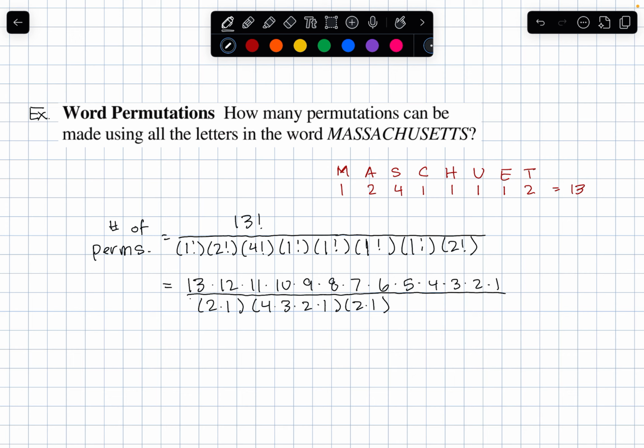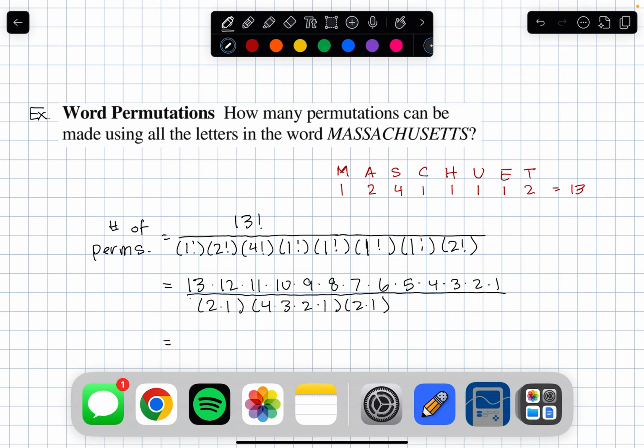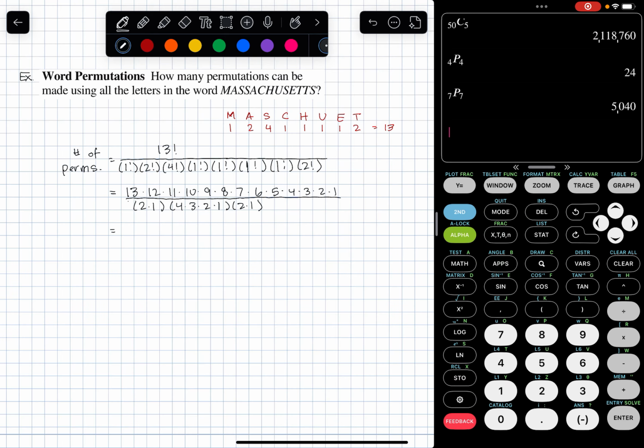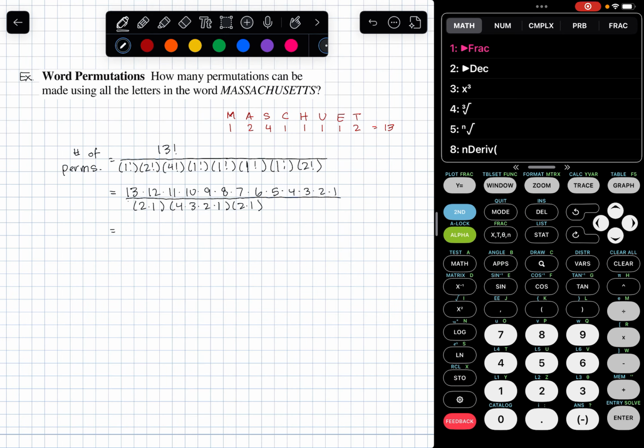And this we do need to put in our calculator. So let me pull my calculator up and show you a shortcut for these factorials. You'll notice we're in that same menu, Math Prob, and there's the factorial button, option 4.